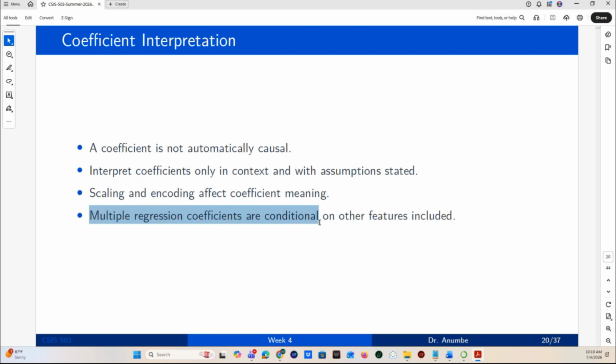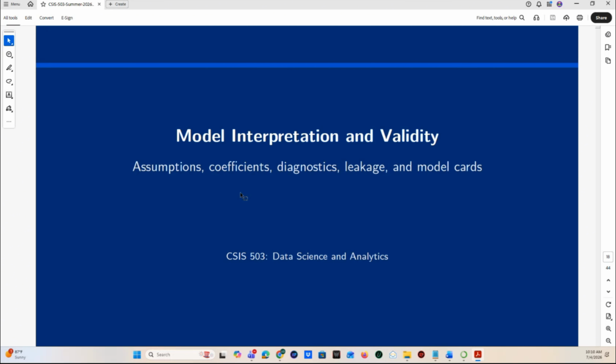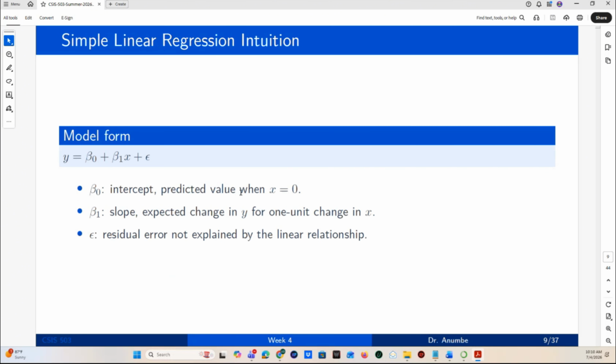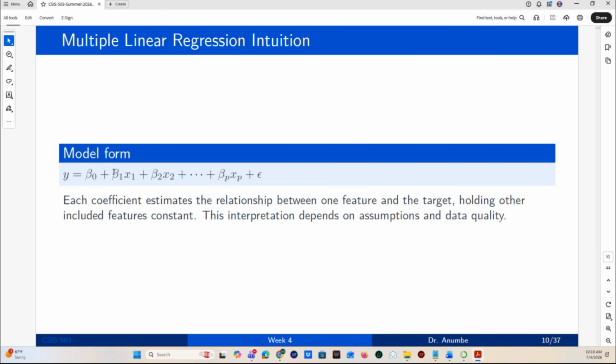Multiple regression coefficients are conditional on other features included. So you can see B alone does not automatically define what X1 will be. The overall impact of B on X1 is also determined by B1, B2, B3, B4, so all of these things work together, right?